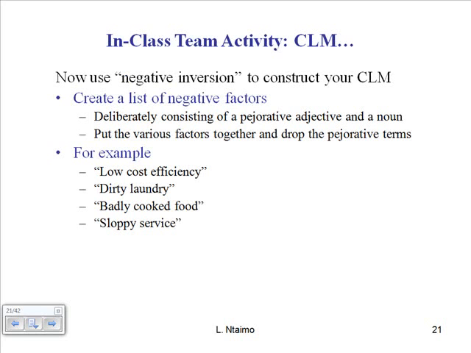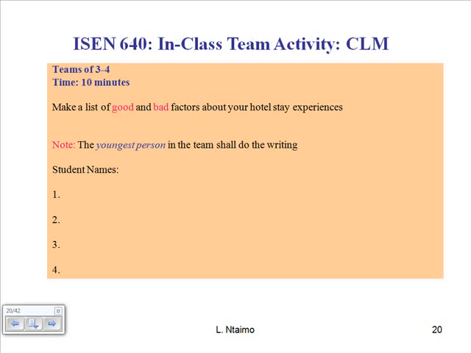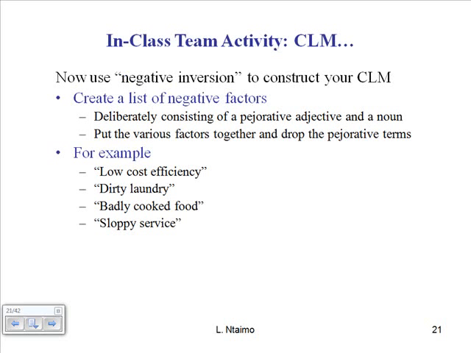And this is what I want you to do. So you're going to create a list of good and bad factors about your hotel experience. Okay? So what I want you to do is use negative inversion to construct your causal loop model, which means you're going to create a list of negative factors.